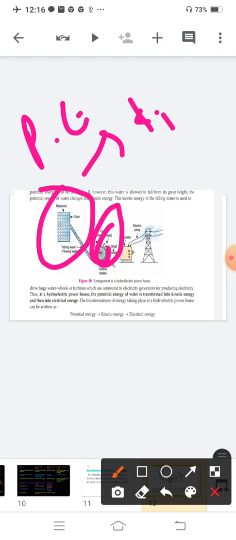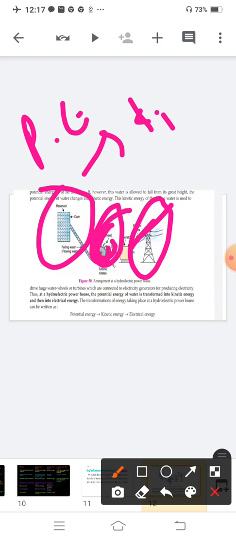Now turbines which are connected to electricity generators are producing electricity. This turbine will produce electricity. Now this electricity is transferred to a generator, and that energy will go through this wire in the form of electricity. So at a hydroelectrical powerhouse, the potential energy of water is transferred into electrical energy.